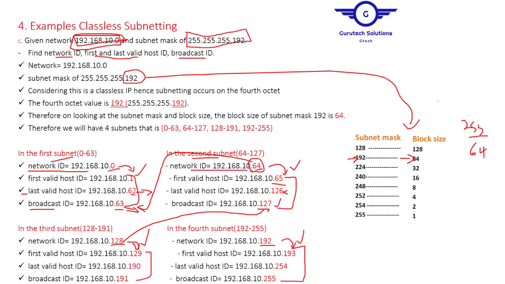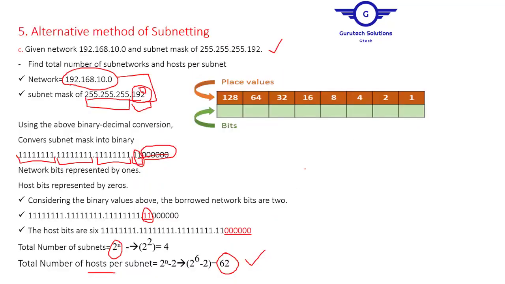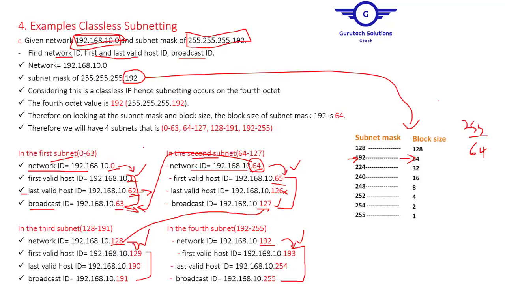So when you come here, we said that the value of the first valid host ID is 1, and the last value is 62. So from 1 to 62, which is 62. Yes, which is this value, because 0 was the network ID, while 63 was the broadcast ID.